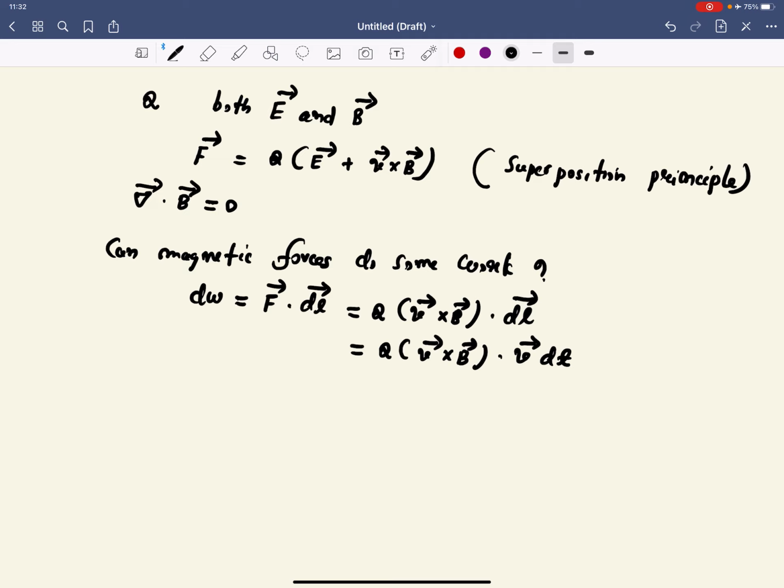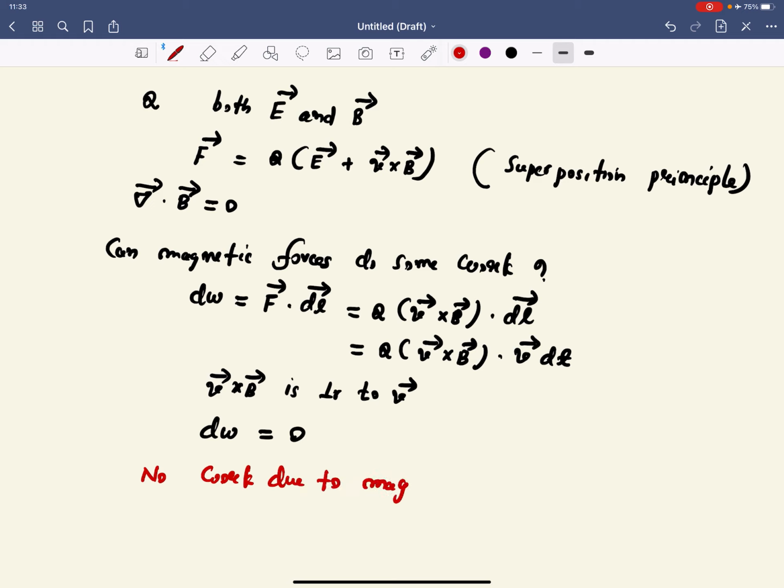Now you see this V cross B, because it's a cross product, is perpendicular to V, which means dW is equal to 0. So there is no work due to magnetic force. Only electric forces can do some work.